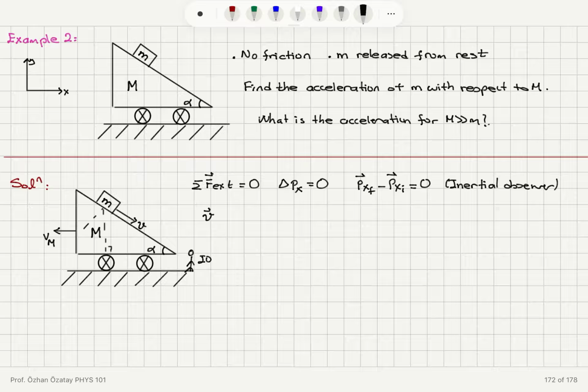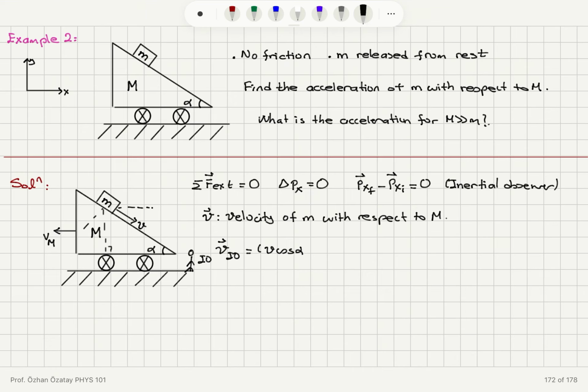And v is what I call the velocity of the block with mass m, so velocity of m with respect to capital M. And the velocity according to the inertial observer is basically the velocity according to the non-inertial observer, v, with a component v cosine alpha.